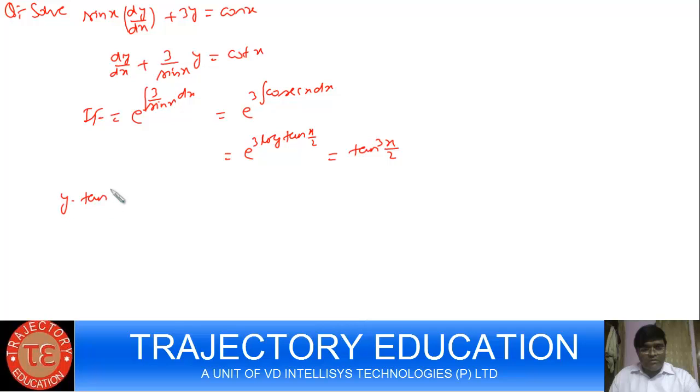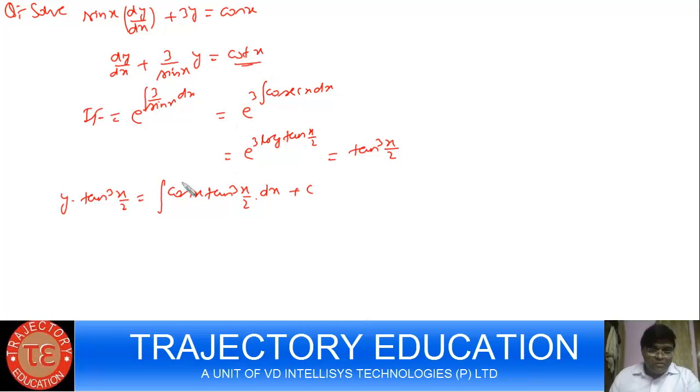So the solution will be given by y times the integrating factor, tan cube (x/2), equals the integral of cos x times tan cube (x/2) dx plus a constant, where C is the arbitrary constant.